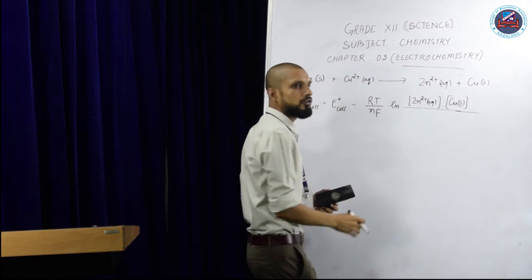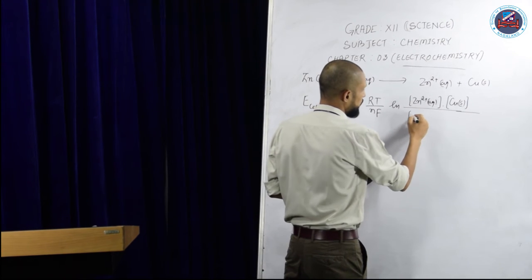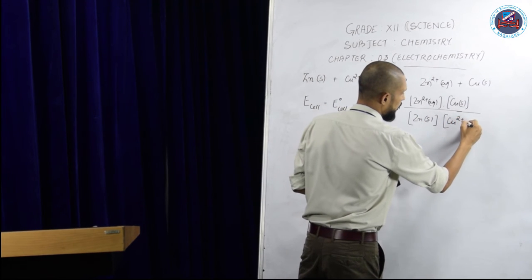In denominator you write the concentration of the species present in the reactant, so Zn(s), Cu2+ aqueous.